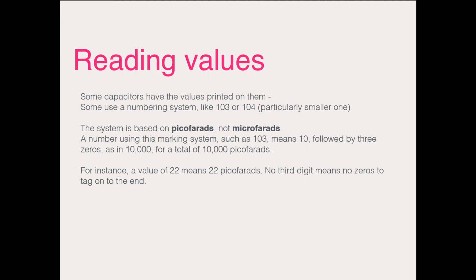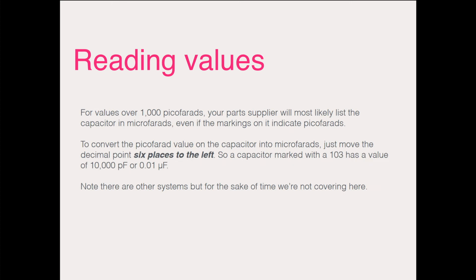If it just has 2 values and no third value, it's telling you the value of the capacitor itself. If you have to convert from picofarads to microfarads, just move the decimal point 6 places to the left. So a capacitor marked with 103 has 10,000 picofarads, or 0.1 microfarads.